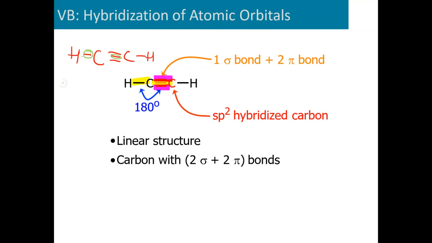So the green ones are sigma bonds, and let's make it blue, okay? And then you have two pi bonds, this one here and this one here. So the blue are pi bonds, and there are two of them. So we have two sigma bonds connected to this particular carbon, and actually both of them, and two pi bonds that are connected between these two carbons.